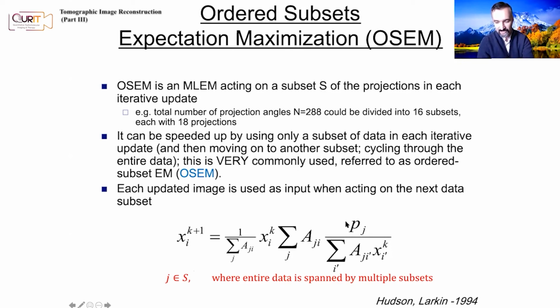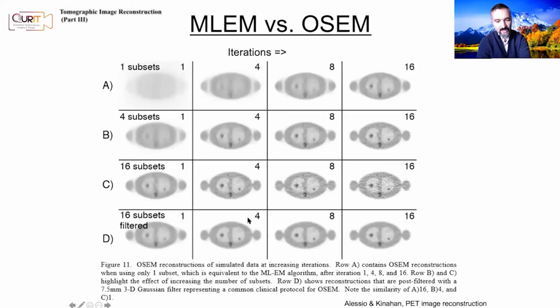So subsets are just a part of the data. You take your full data set and you partition it into subsets. And then you only use those subsets for each update, and then you move to the next subset, and that actually ends up speeding things up.